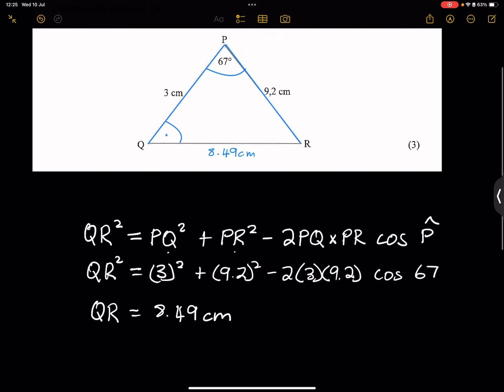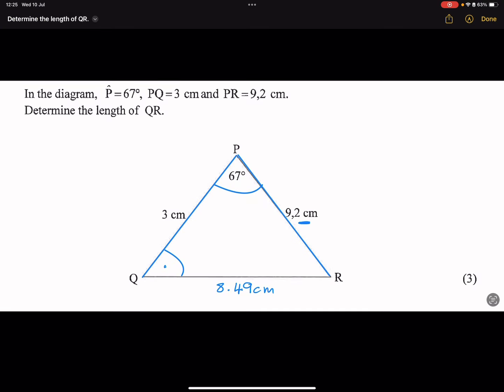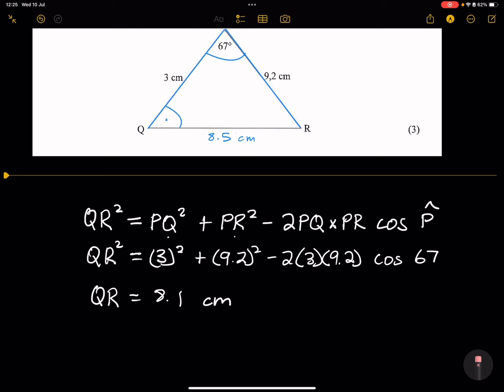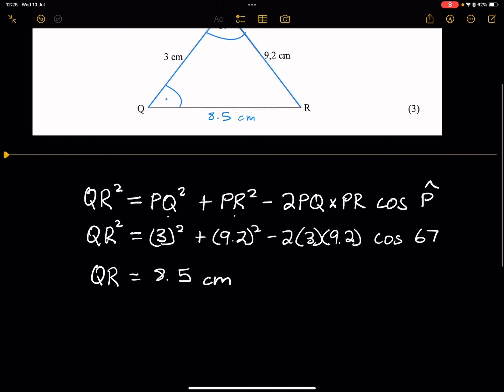In fact, because that's given to 1 decimal place, I'm simply going to convert to 1 decimal as well. So let's say 8.5 centimeters, if you don't mind. I'm going to change that to 8.5 centimeters. So we're looking for angle Q.